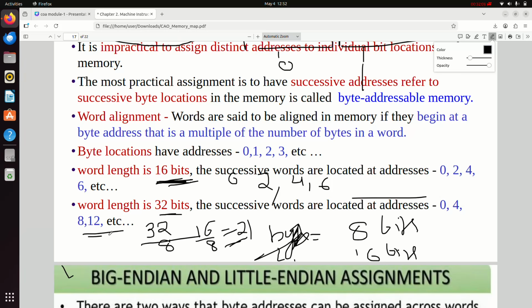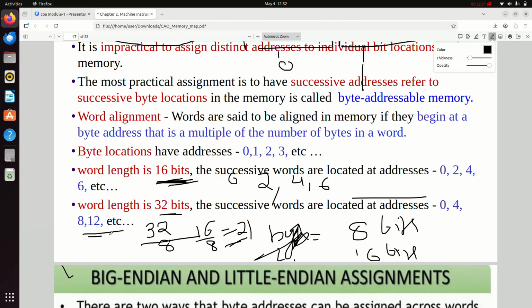See, byte addressability means you are representing the memory in the form of bytes. That means 1 byte would have the address 0 and the second byte would have address 1. We know an 8-bit group would be 1 byte, that would be address 0, and another 8-bit group next to it, representing one other byte, would have address 1.